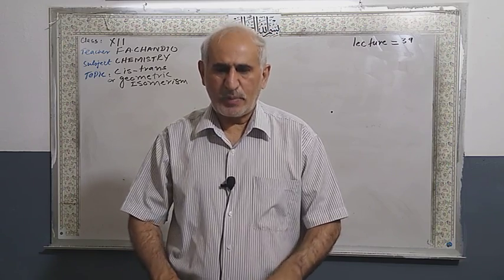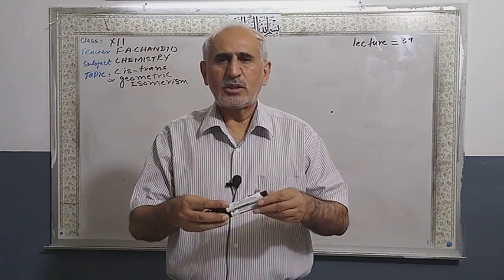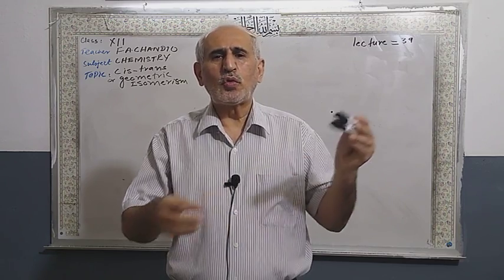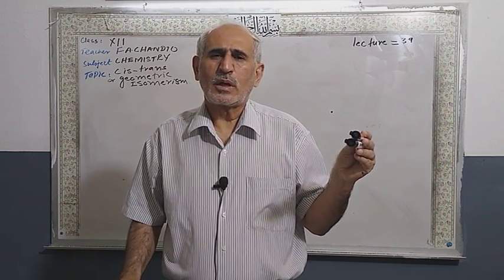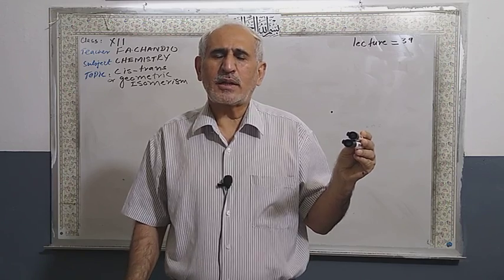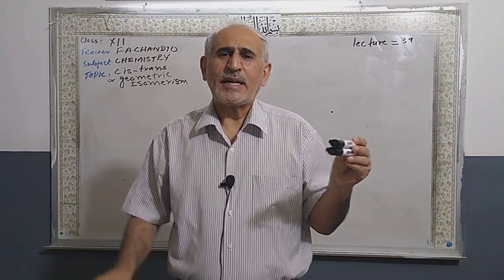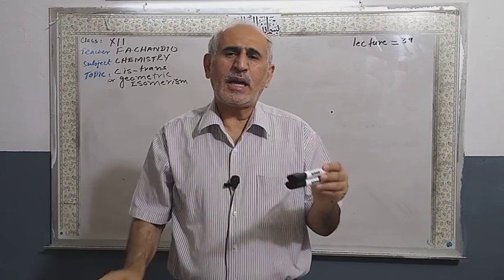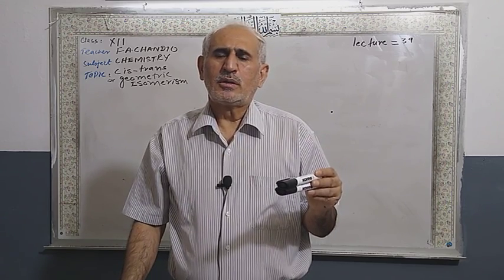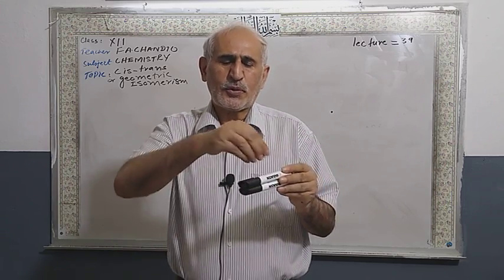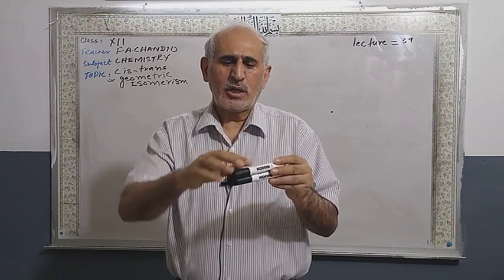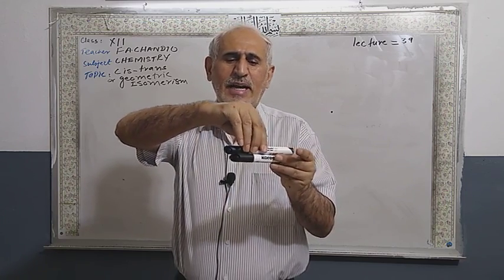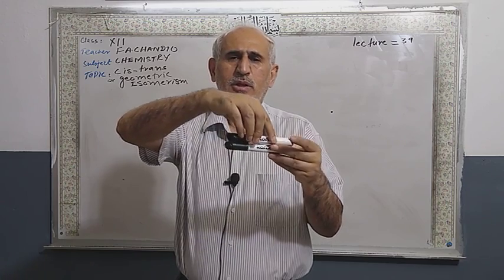Just like I am giving an example, these are two wooden pieces, and you have to put in one nail by using a hammer. If there is one nail, it can be rotated.